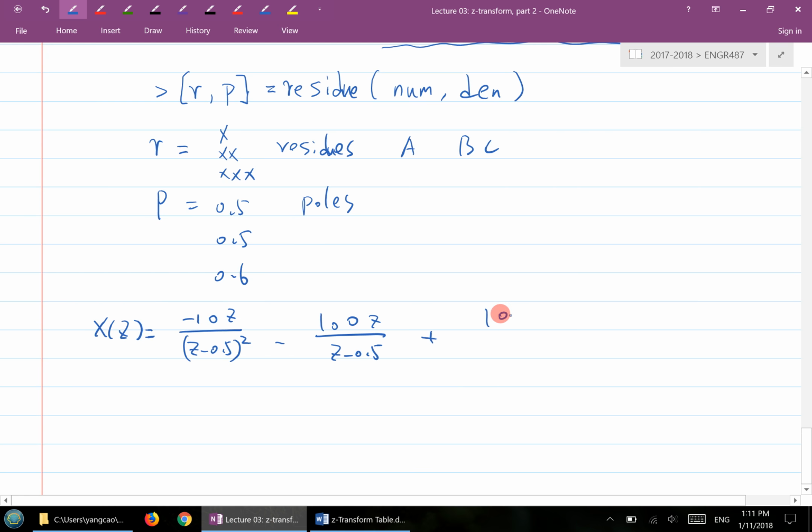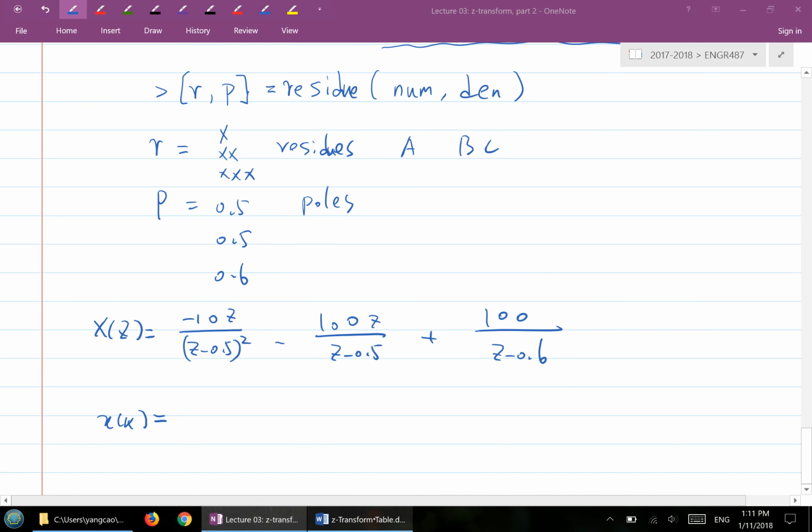And then C is 100. Okay, like this. That's your result right here. So now it's time to use the table.